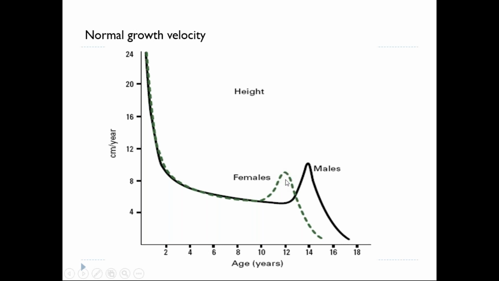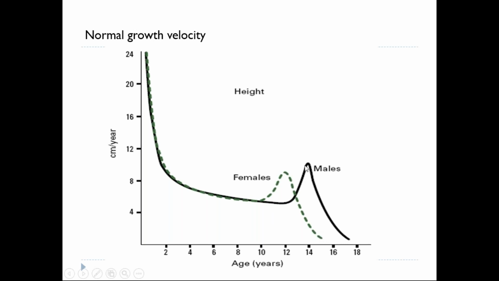So this peak is the pubertal spurt. As we know, puberty is earlier in girls. In females, it's about 10 to 12 years of age, and in males, the peak is at a later stage. So girls get their growth potential maximum by 12, 14 years of age, and then it slows down.